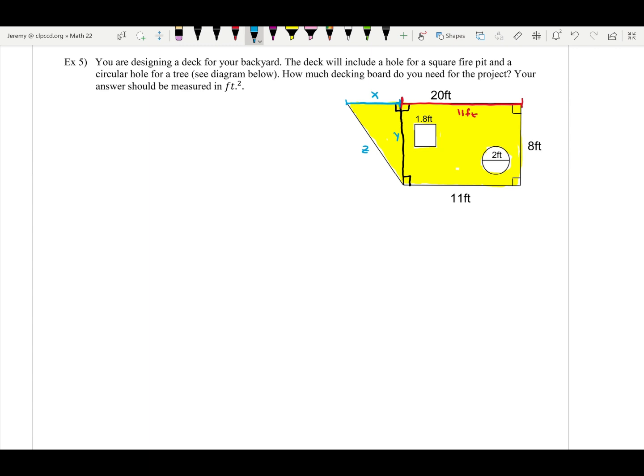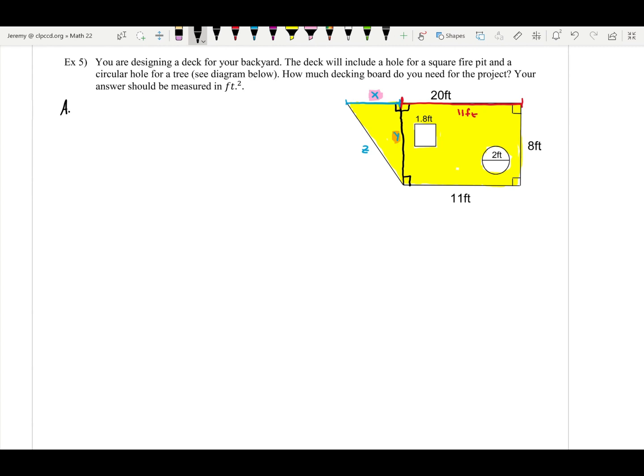Now, I labeled X, Y, and Z, those 3 sides of the triangle on the left, but since this is a right triangle, to find the area, all that I really need is, 1/2 base times height is the formula, so I just need this base, and the height is given by that value Y. Over here, I'll organize this by the different areas.